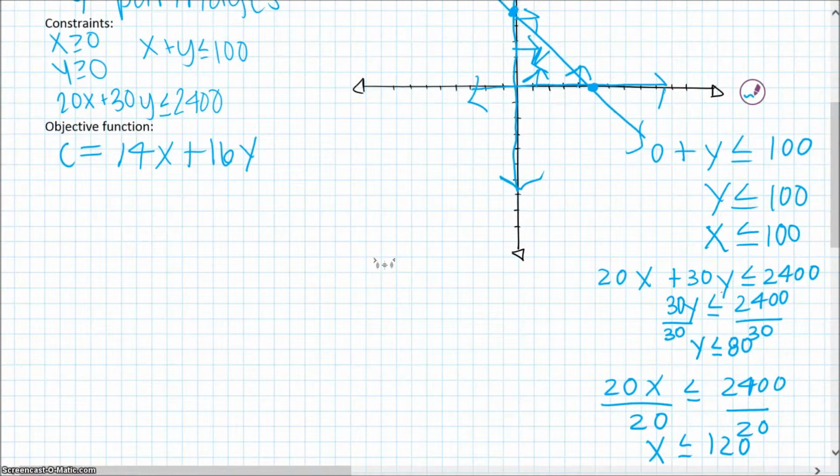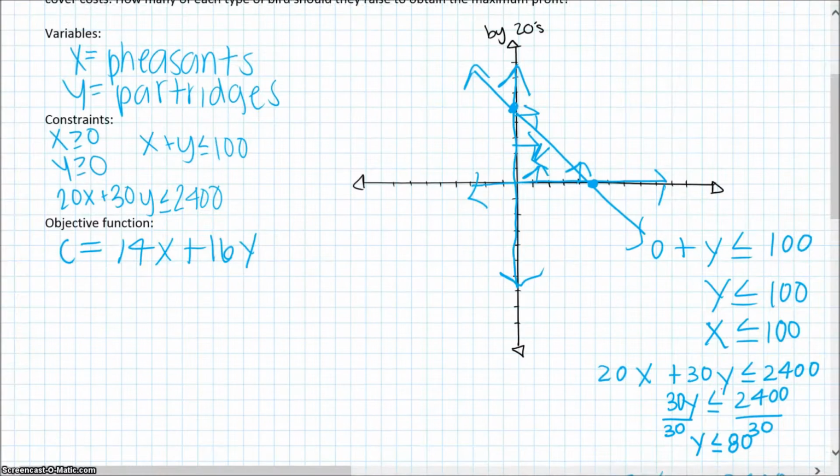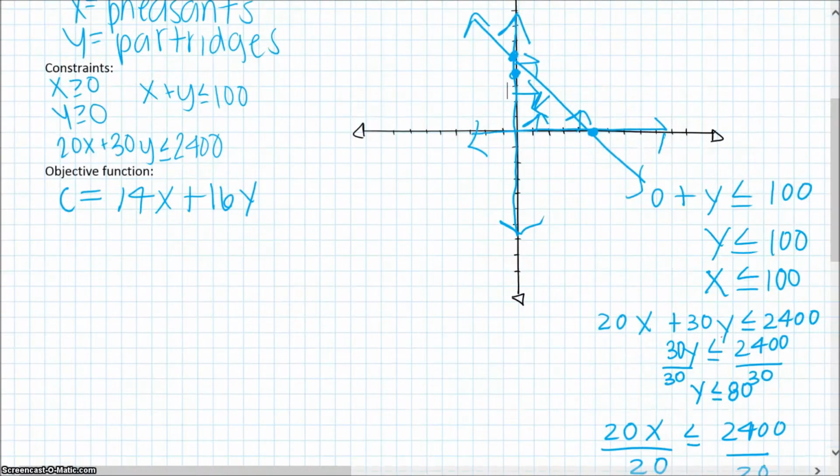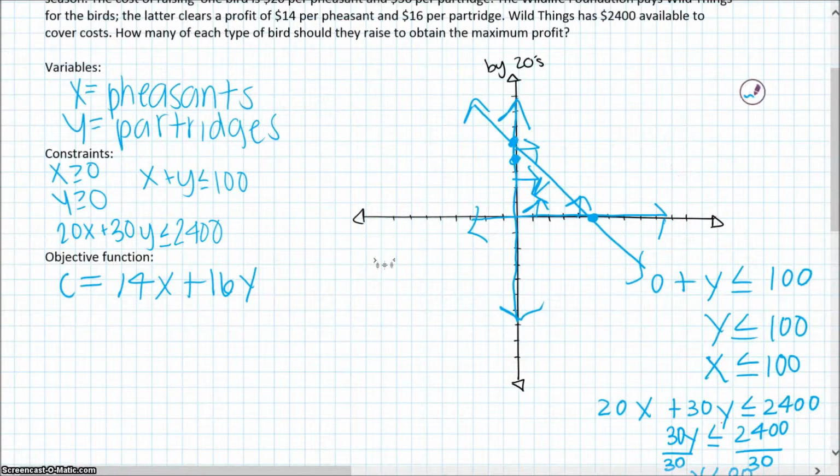So now that we have those points, we go up to our y-axis and go to point 80. So that's 20, 40, 60, 80. And then on the x, we need to go to 120. So we're going to go 20, 40, 60, 80, 100, 120. And connecting those points with a straight line.